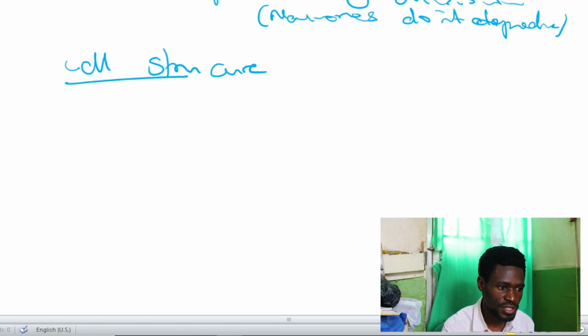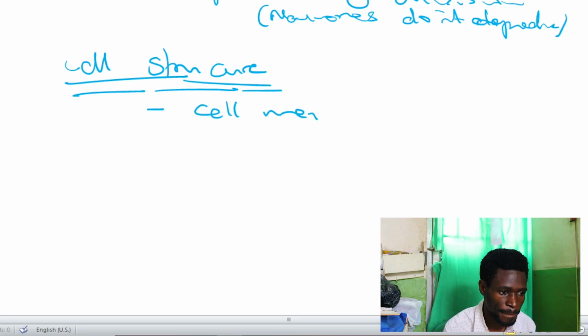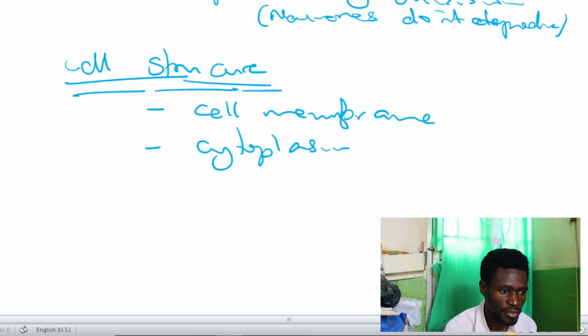So these cells are composed of three main parts. That is the cell membrane, the cytoplasm, and the nucleus.